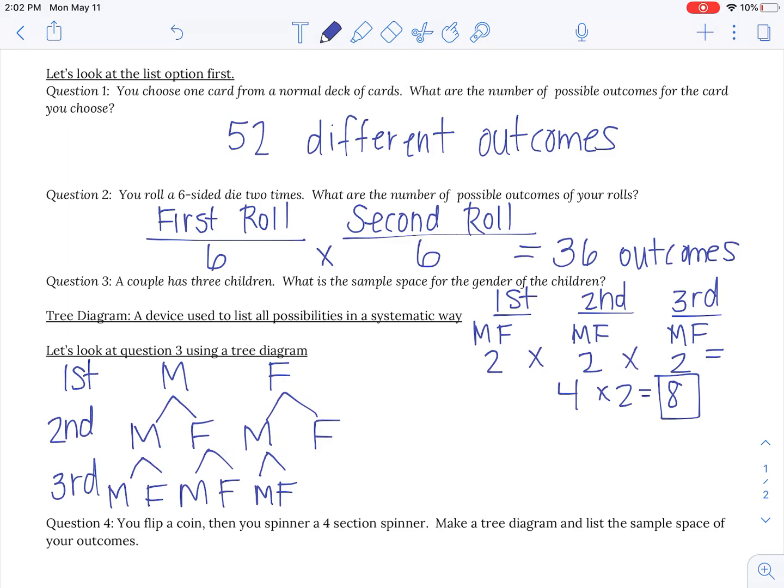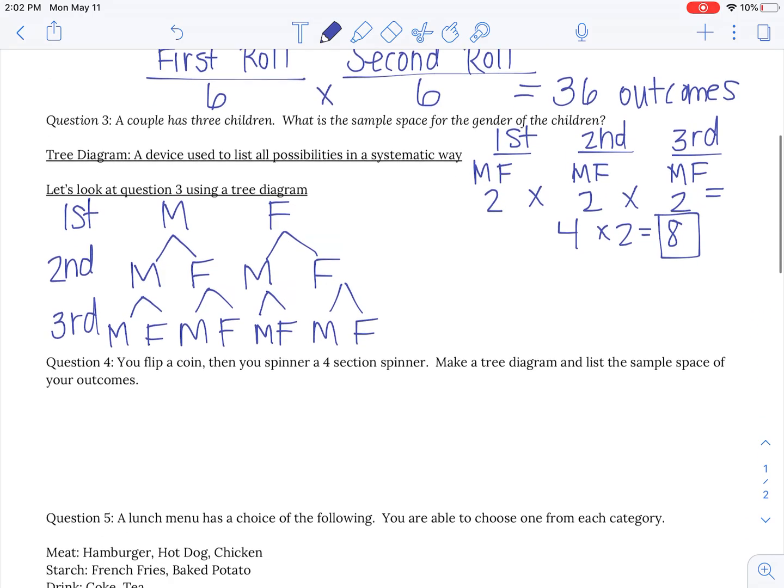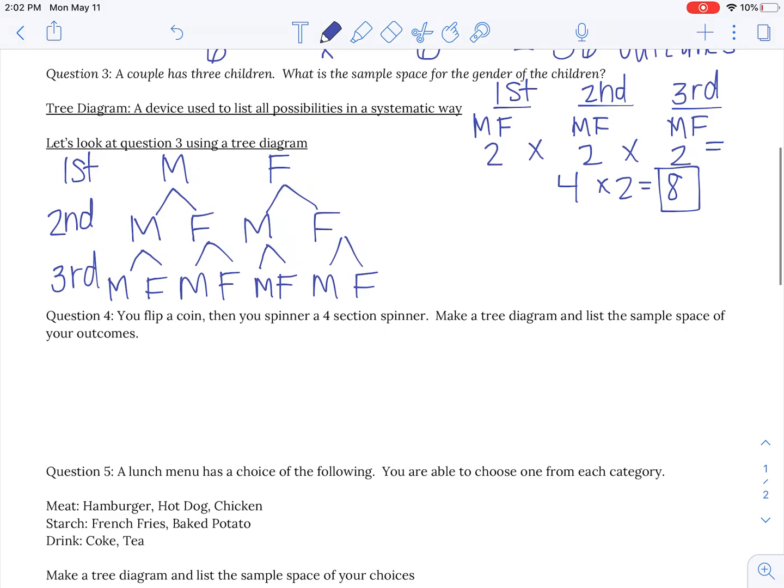Or a female and then a female, and you still have those 2 choices. So when you look at all of this in the tree diagram, you have to systematically list your first child as a male or female. Then you go down, and you still have those options for your second child. And then you still have that option for a third child, and it branches off as you go down the tree diagram.